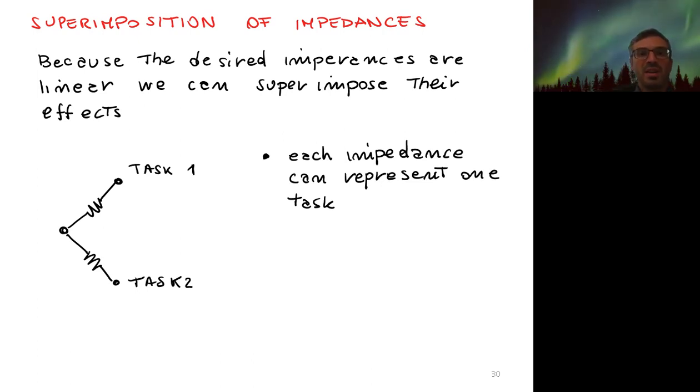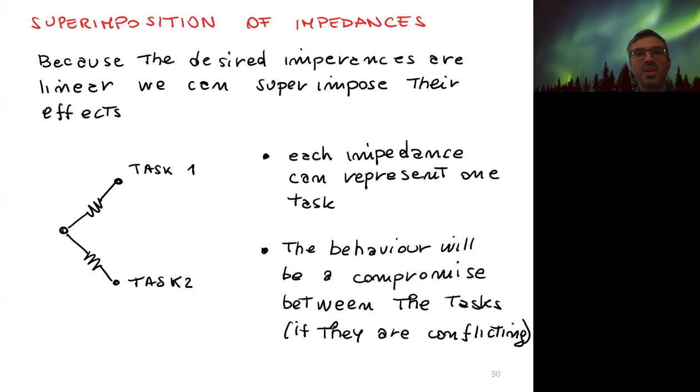Of course, the output behavior will be a compromise between the tasks if they are conflicting, but you can define a task tracking a point with a certain impedance and tracking another point with another impedance, and you can achieve something in the middle.